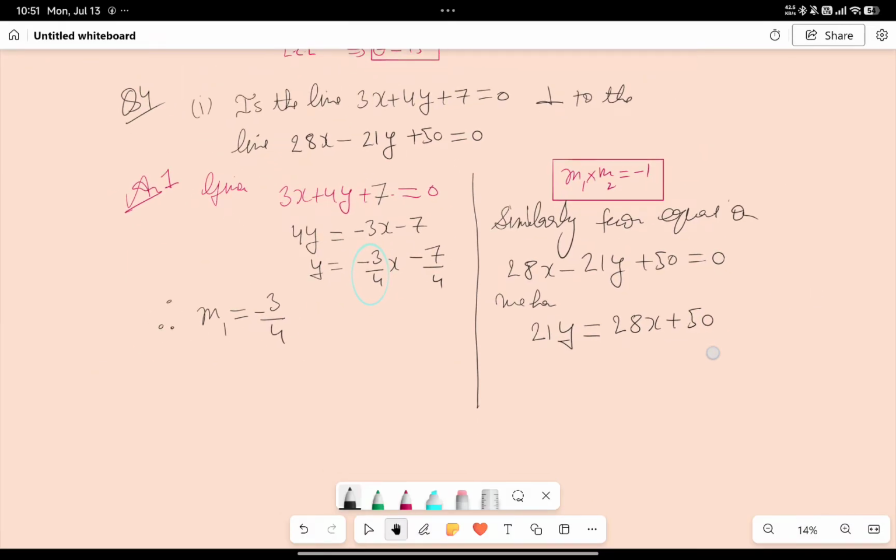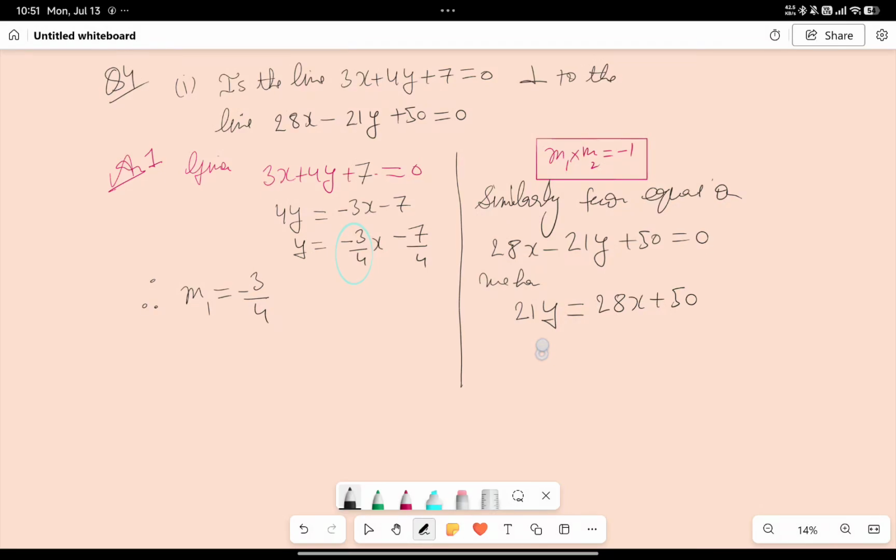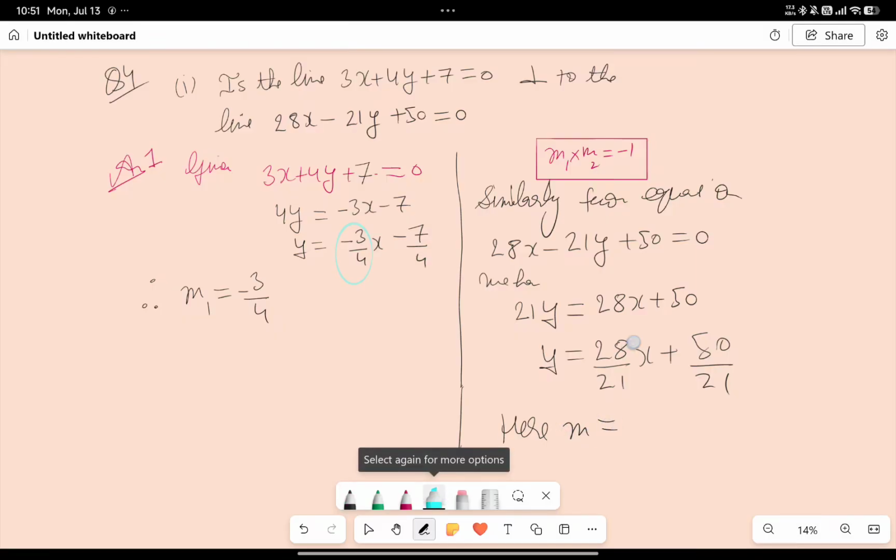In the next step, I'm going to write y equals 28 over 21 x plus 50 over 21. Now here m comes out to be this blue one part, by comparing with y is equal to mx plus c. Fine. 28 over 21, you know the table of 7.